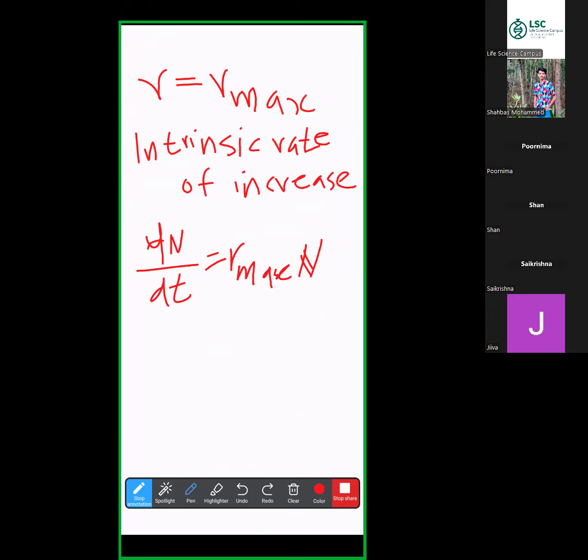In this case, R max will always be a positive number.